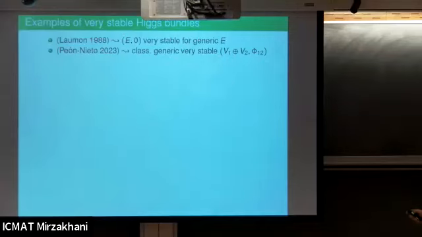Now it's more interesting and more complicated than Laumon's result, where generically it's very stable, but she classified which components contain very stable Higgs bundles. But we will be looking at this other extreme.